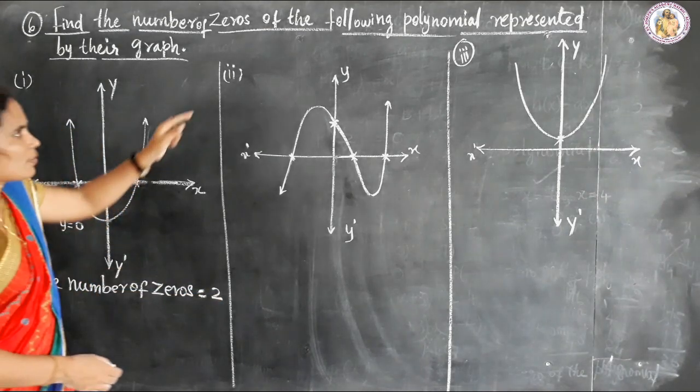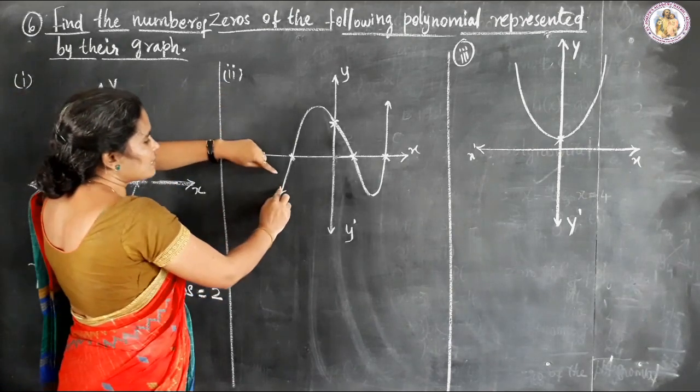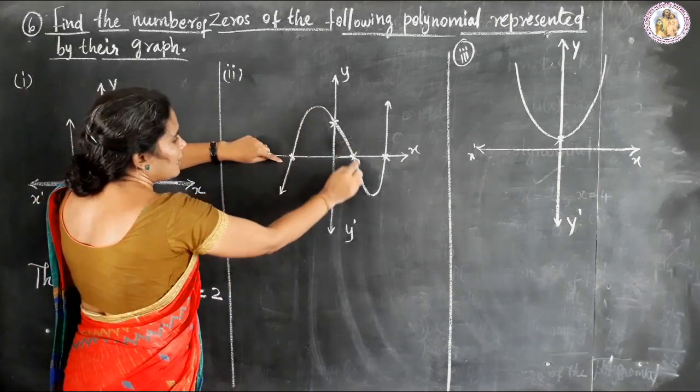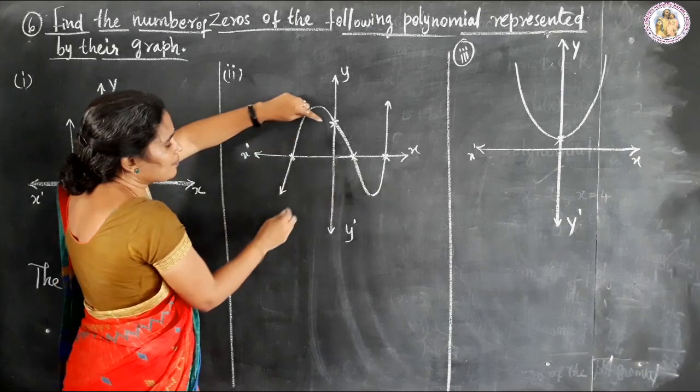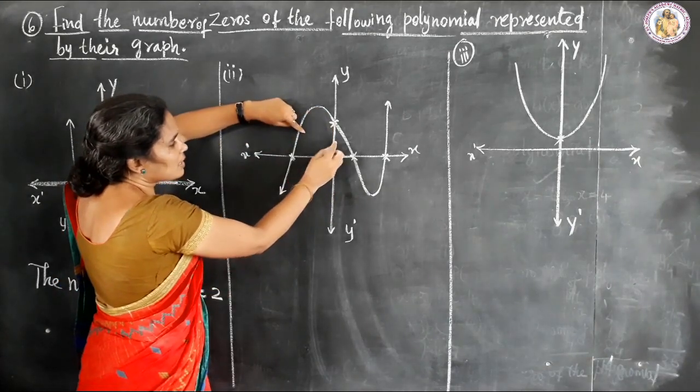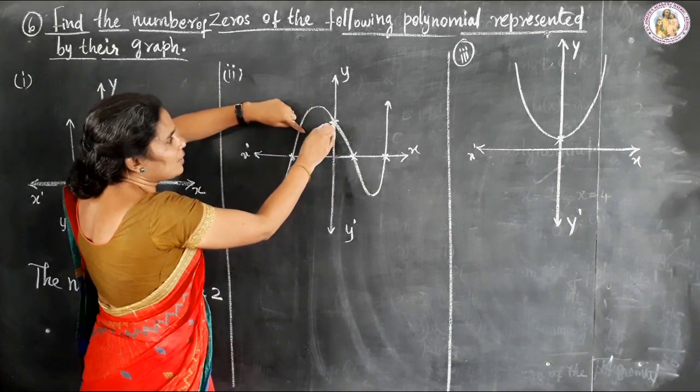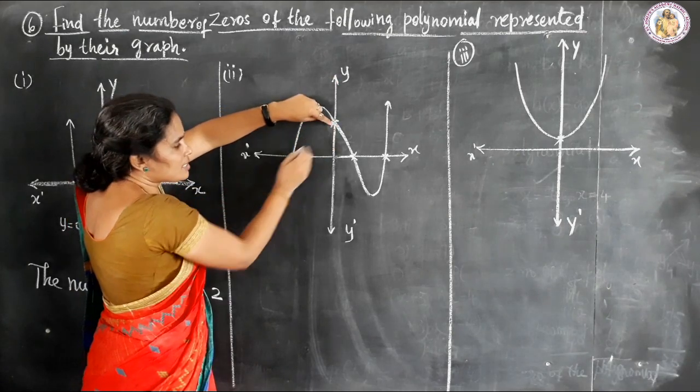Okay. And now question number 2. Here you can see the curve intersects at 4 points, but the second point intersects at the y-axis, not the x-axis.